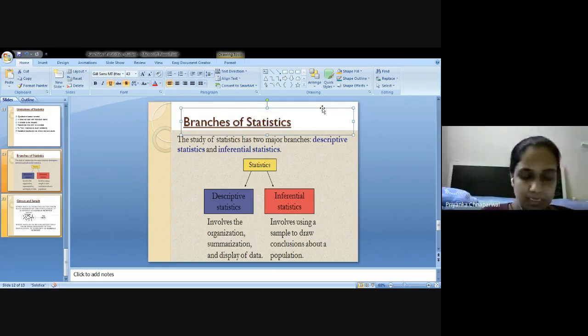Maybe in a graph, maybe numerical calculation, maybe in table format. So it is descriptive statistics.